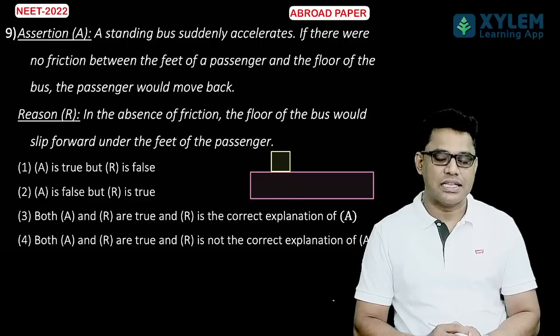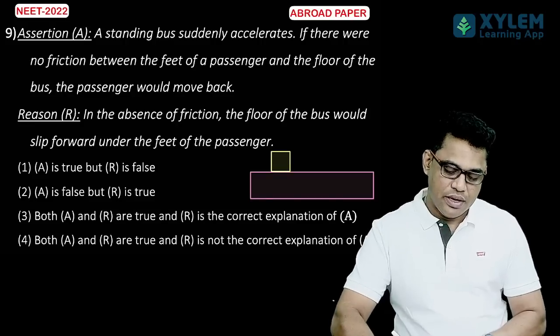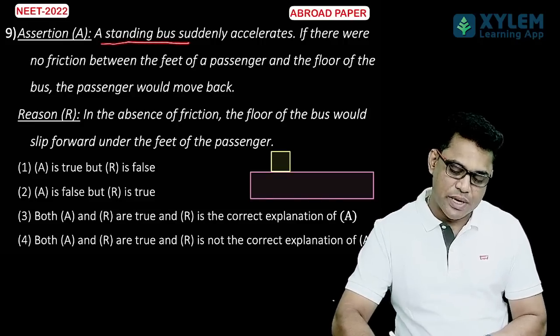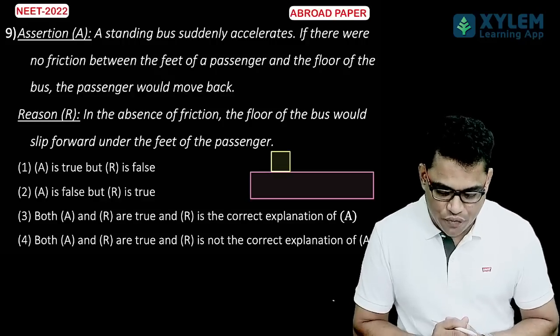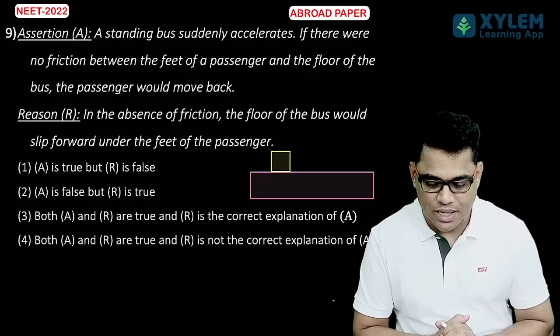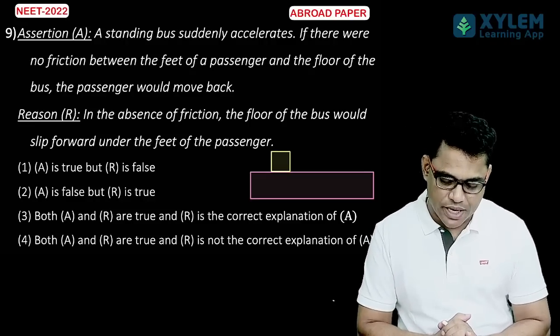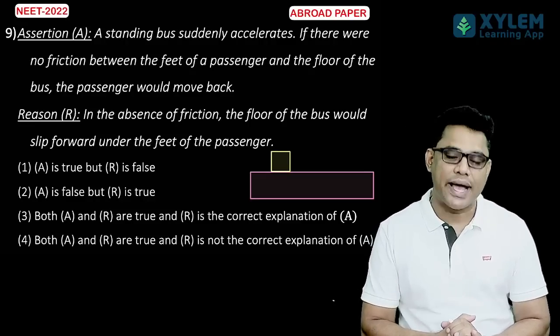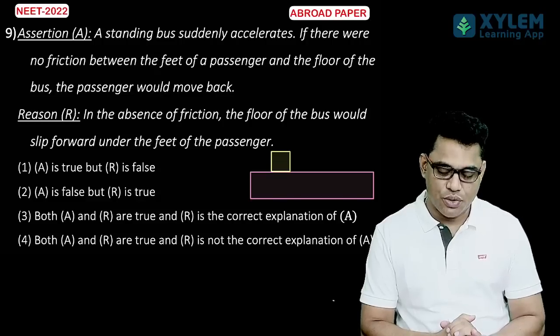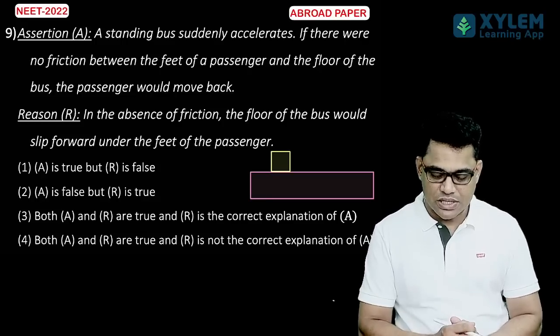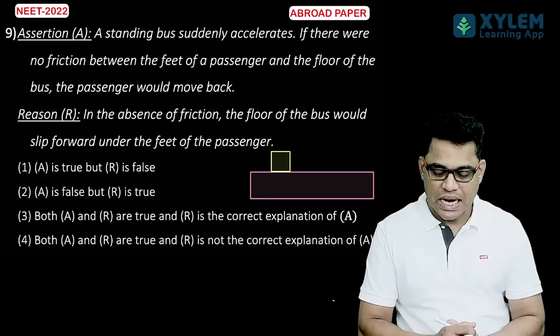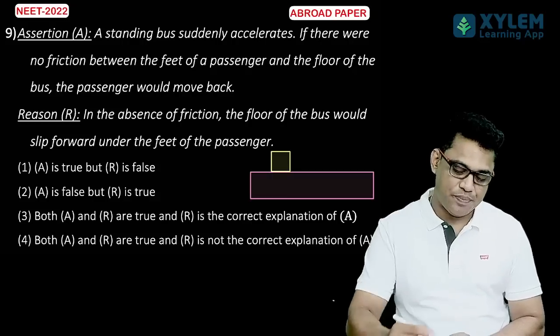Ninth question, assertion reason type. A standing bus suddenly accelerates. If there is no friction between the feet of the passenger and the floor of the bus, the passenger would move back. Reason: in the absence of friction, the floor of the bus would slip forward under the feet of the passenger.